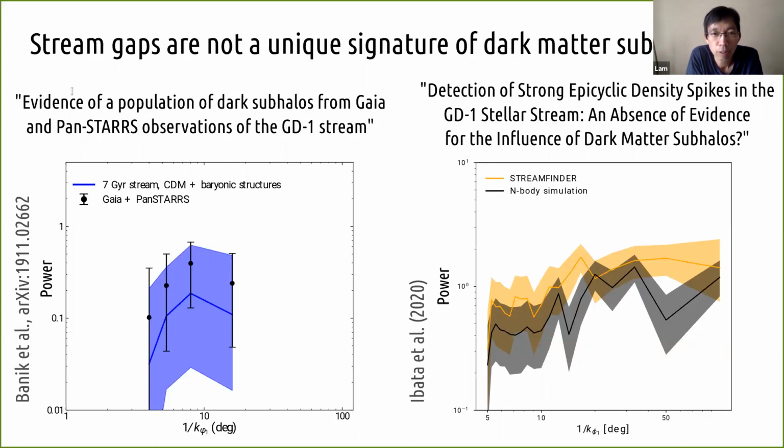I'm guessing one helpful thing is to just plot, and I don't know whether that has ever been plotted. This power spectrum is a measure of the second moment of the density perturbations along the stream. Now, suppose I just plot a histogram of probability as a function of density perturbations along the stream.